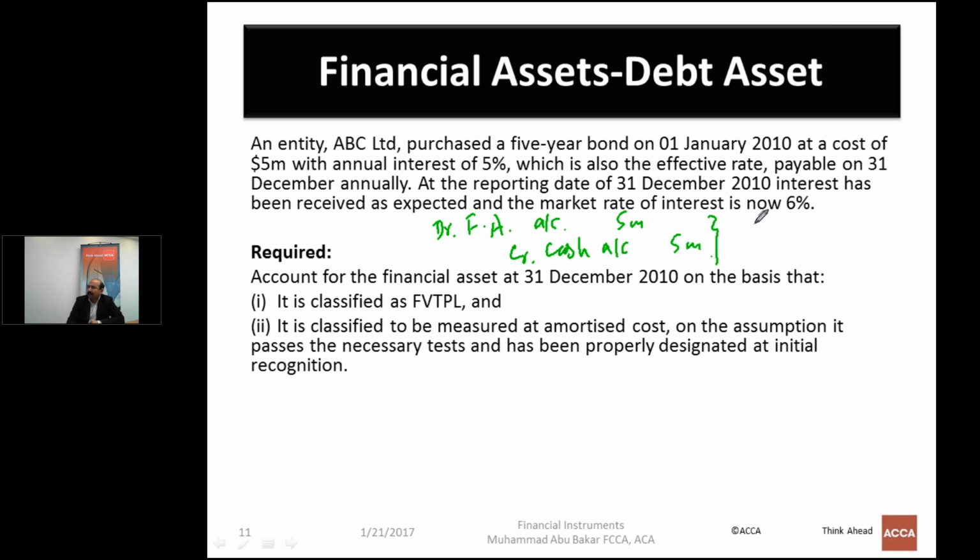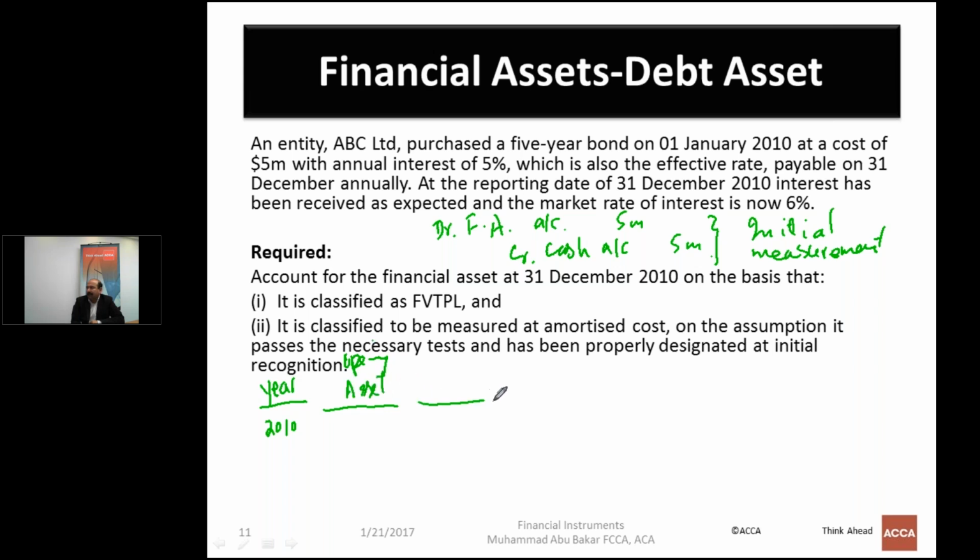So this will be the initial entry, initial recognition. And second, subsequently, if it is being measured at amortized cost, the first year is 2010, second is the opening financial asset.